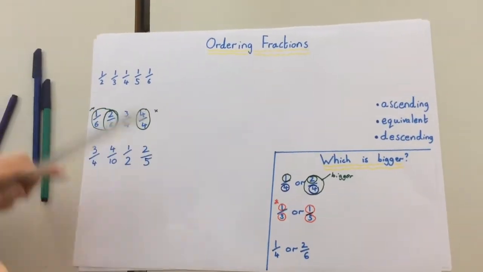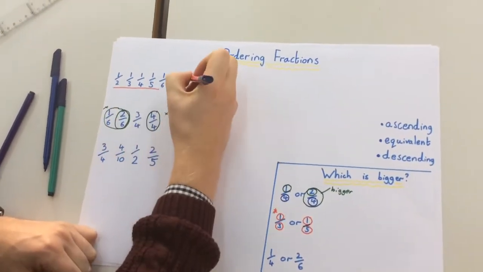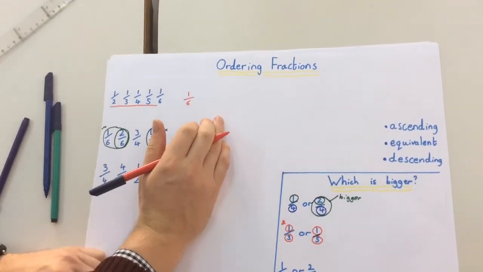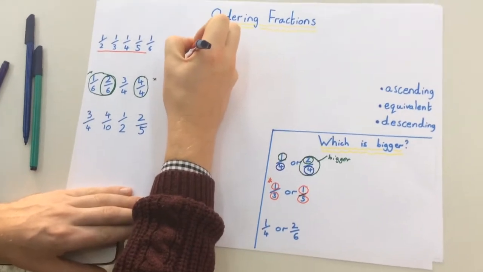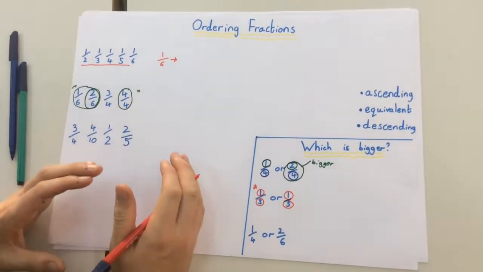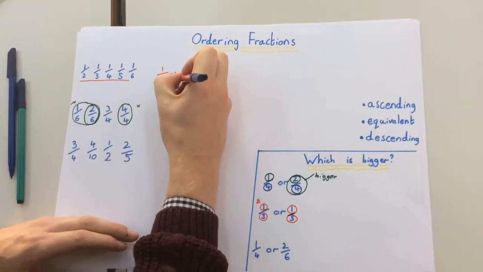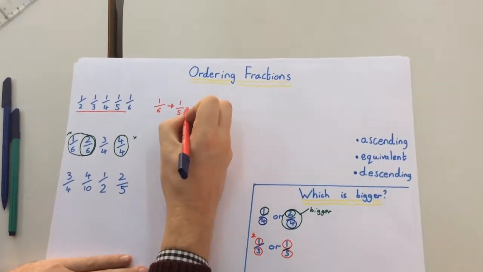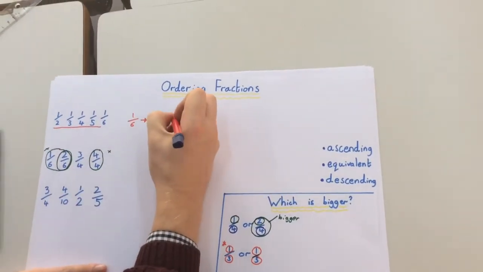So here, if I look at these, the smallest is 1/6, because the pizza is broken into 6 bits, which has to make it smaller. And then the next one, I've got my same pizza, but this time I only break it into 5 parts. So the piece of pizza you're getting is a bit bigger. Then this time with my cake, I only break it into 4 pieces.